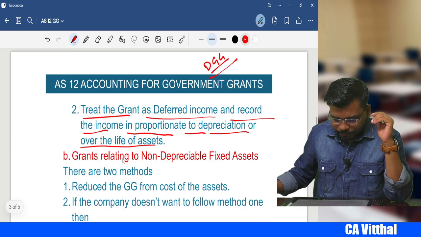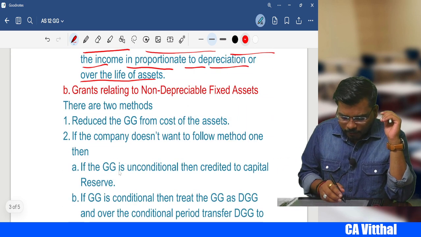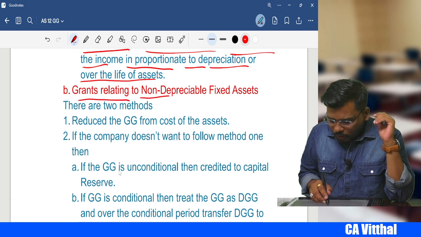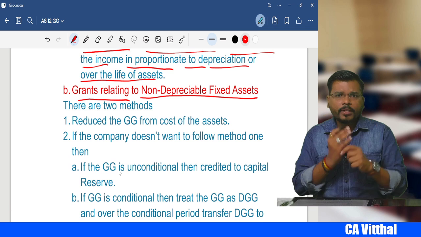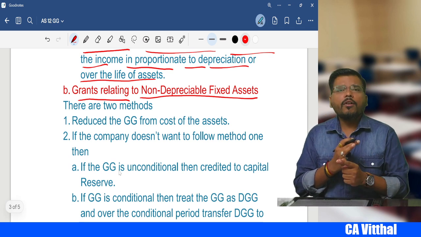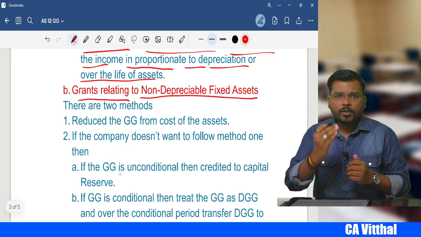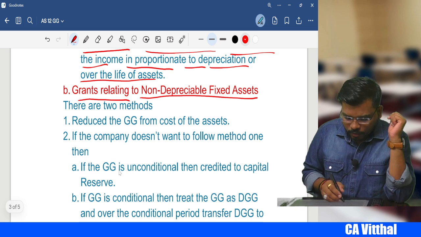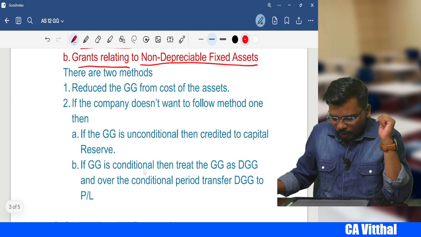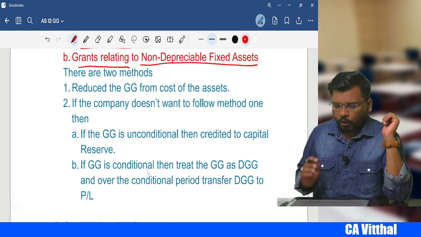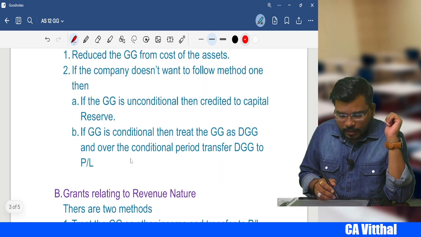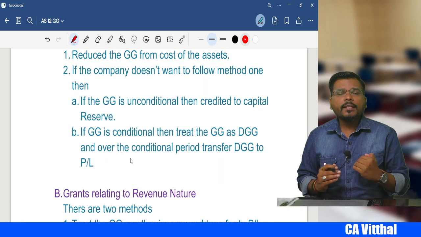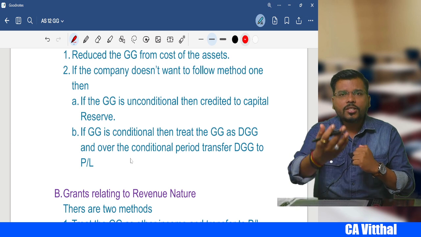Next, my dear student, if the government grant is related to a non-depreciable fixed asset, then again there are two methods. Number 1, reduce the government grant from the cost of the asset, similar to the first one. Second, if the company doesn't want to follow method 1, then you have to see whether the government grant is conditional or unconditional.